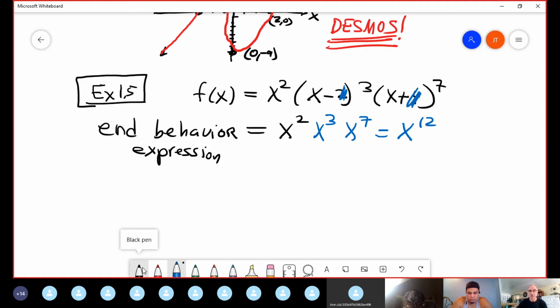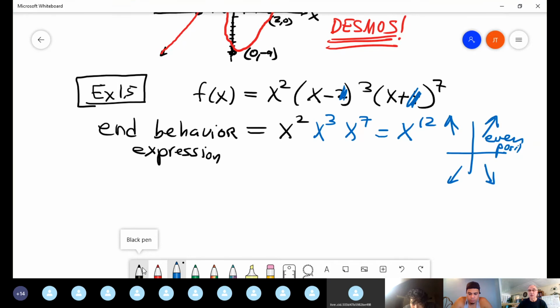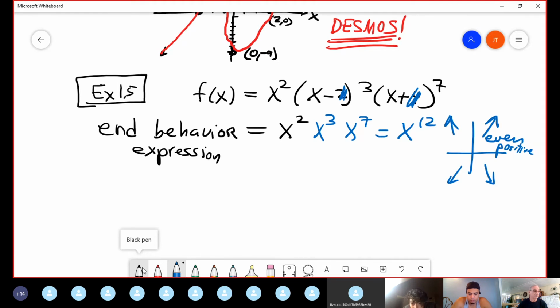Entonces, si es 12, que es even, the end behavior looks like that, and it is positive. Even and positive. Because if it's even negative, it's down. But even, positive. This is the end behavior that gives me an approximation of how my graph looks like. 7, 3, 12. Okay, good.